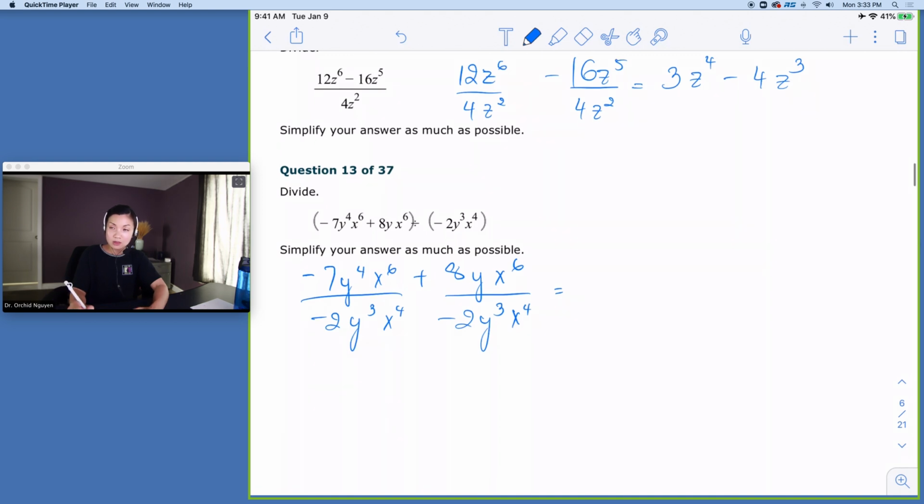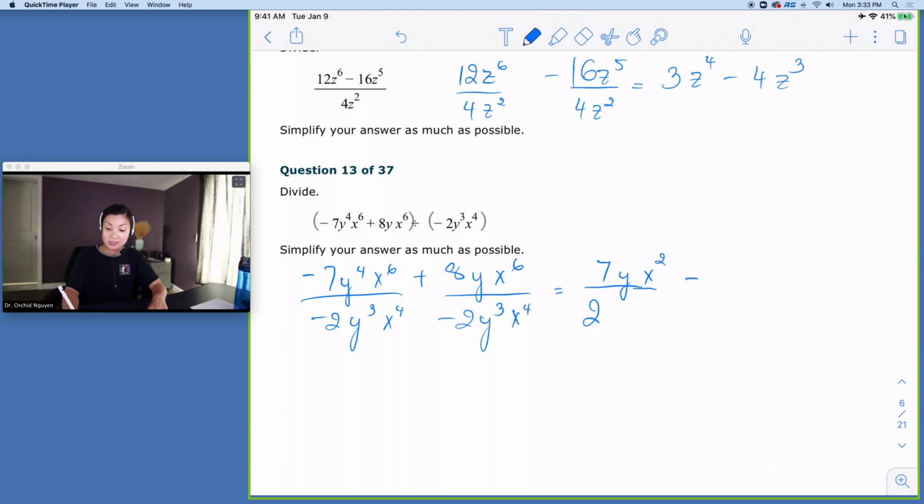Okay, so you can see that we can't really simplify further for 7/2, so I'm just going to put 7 over 2. For y, 4 minus 3 is 1, and the variable stays on top. Same thing for x, 6 minus 4 is 2, and it stays on top because the higher exponent is on top.